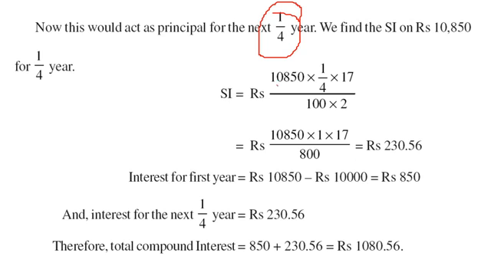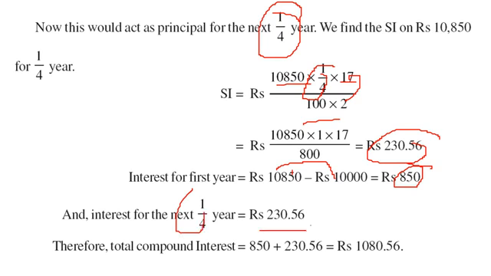So P into R, this R is simply 17/2, now the time is 1/4, by 100. So this is 230.56. So interest of the first year is simply 10,850 minus 10,000, that is 850. For 1/4 it was 230, so you have to add this with 850. This is the total compound interest.